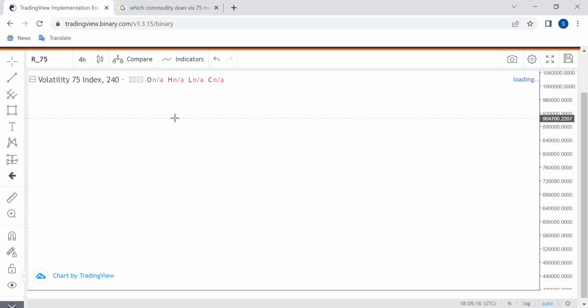So now it's just loading positions. The buyers and the sellers are just loading positions to end the trading year. But once January begins, the momentum and the volatility will start moving again. Let me just reload this page once more.